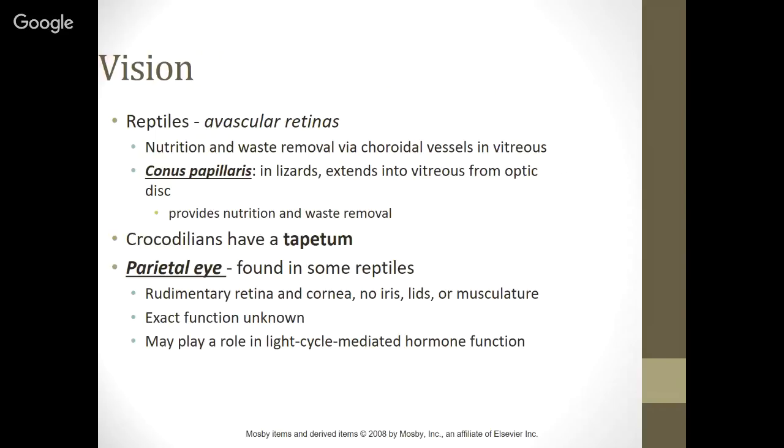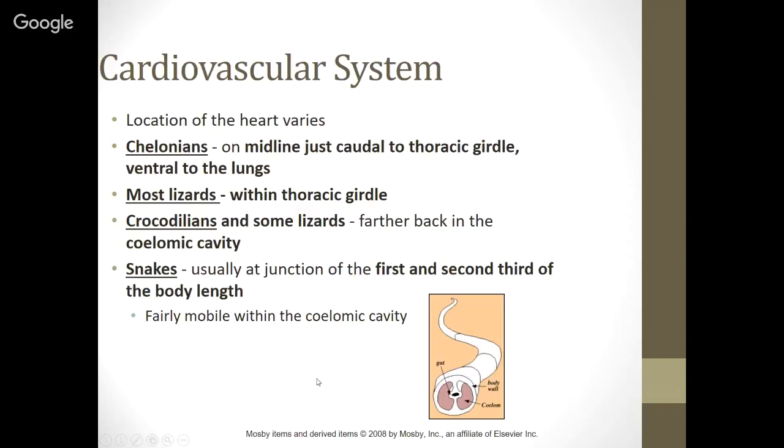A parietal eye, or a third eye, is found in some reptiles. It has a rudimentary retina and cornea with no iris, lids, or musculature. We don't know what that function is. That parietal eye is found up on the top of the skull. Really interesting. It may play a role in light cycle mediated hormone function, but its exact function is unknown.